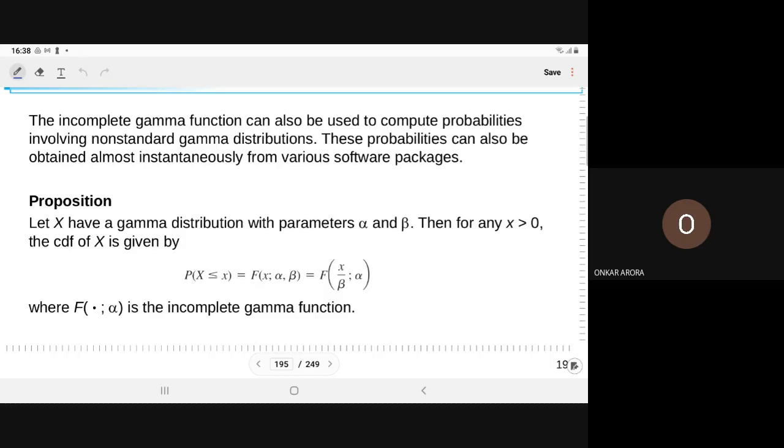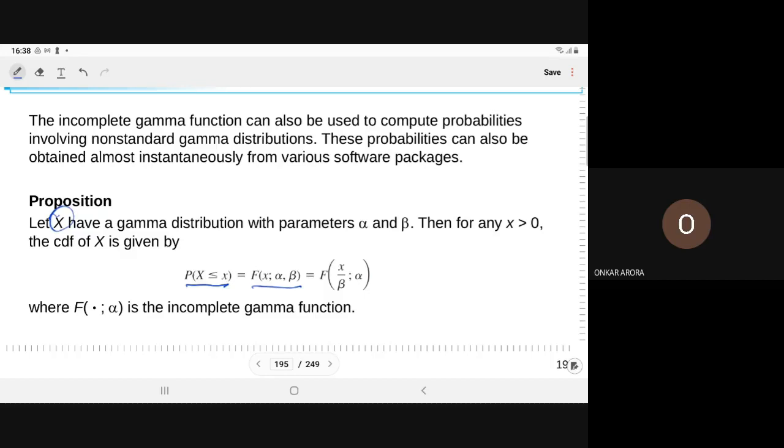So here let X have the gamma distribution with parameters alpha and beta. This X is the non-standard gamma distribution, or gamma variate. Then for any x, the CDF is given by the probability X less than or equal to x. By definition, it is capital F at the point x. That is equal to F of x upon beta.